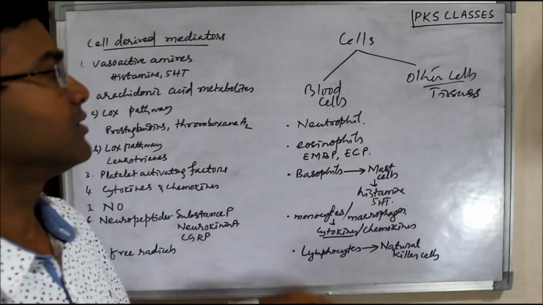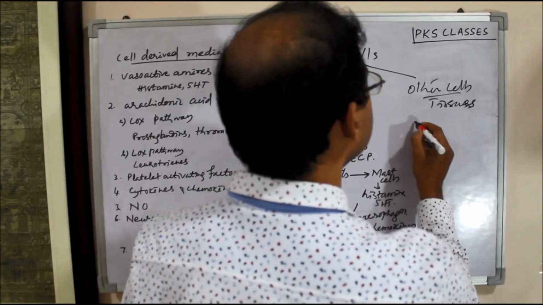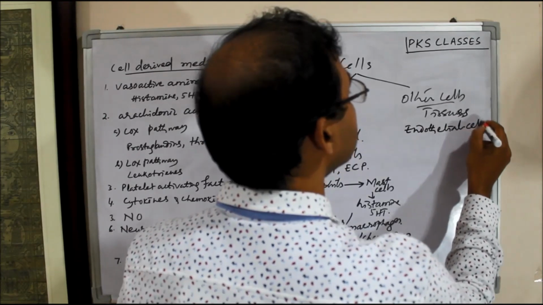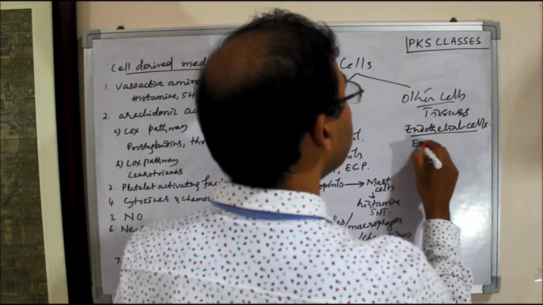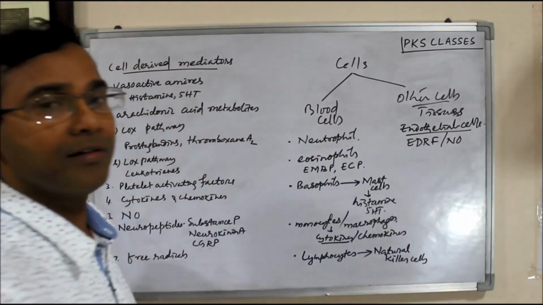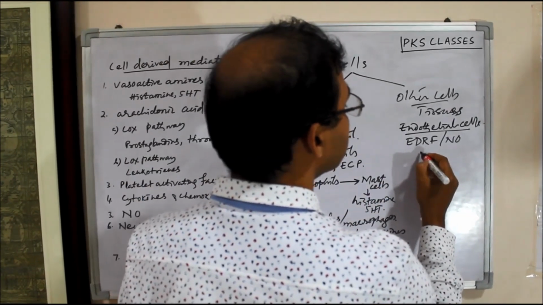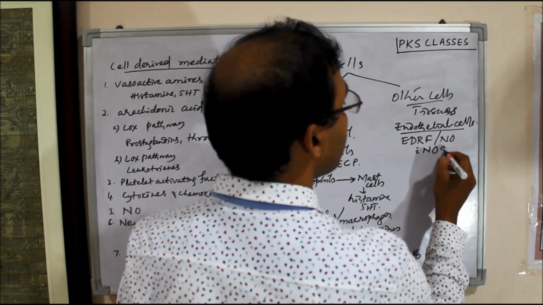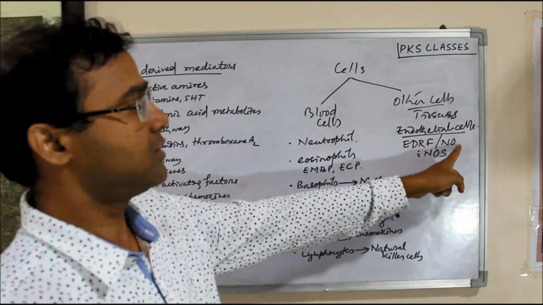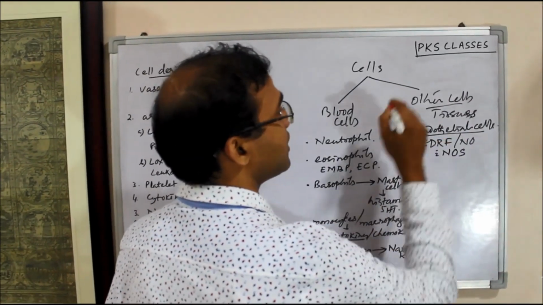And others like the endothelial cells release endothelium derived relaxing factor, also known as nitric oxide. During inflammation there is stimulation of iNOS, inducible nitric oxide synthase, which synthesizes nitric oxide, so there will be increased production of nitric oxide, which is a vasodilator.